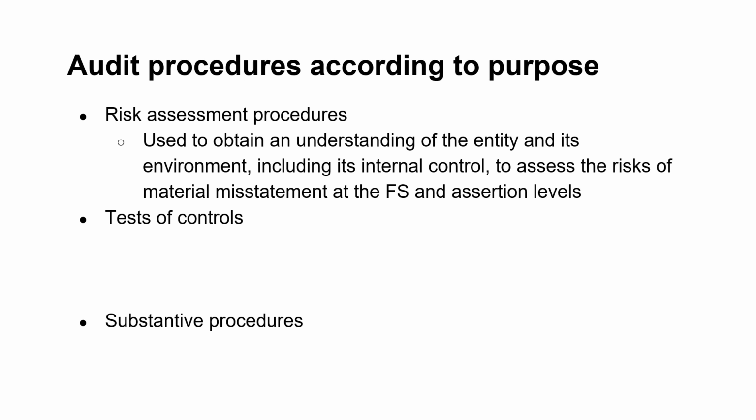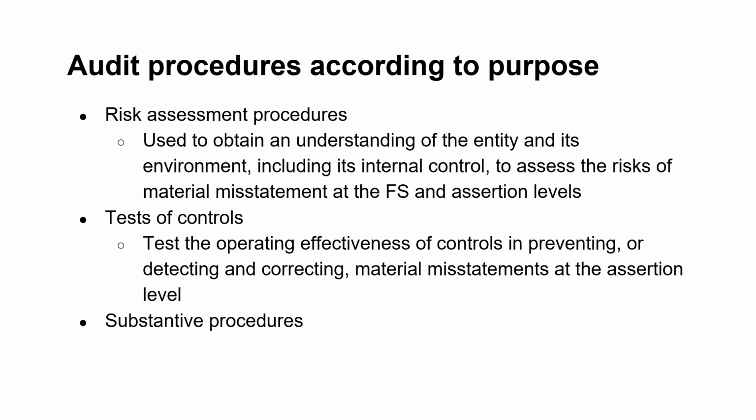Now let's take a look at test of controls, and we know that test of controls test the operating effectiveness of the controls in preventing, detecting, and correcting material misstatements at the assertion level. We then made in the last installment a very clear distinction that when the auditor considers internal controls, the auditor considers it at the risk assessment phase by performing RAP, looking into design and implementation.